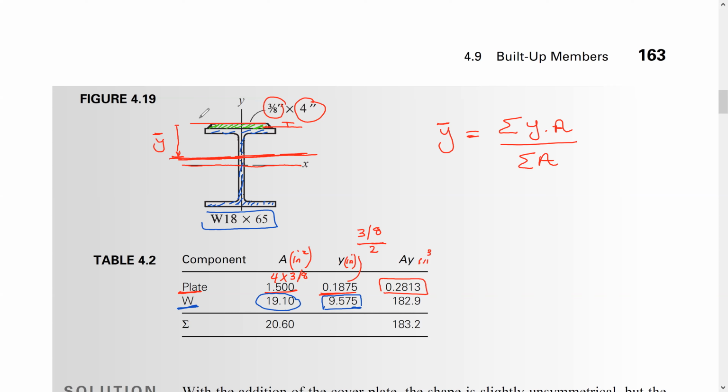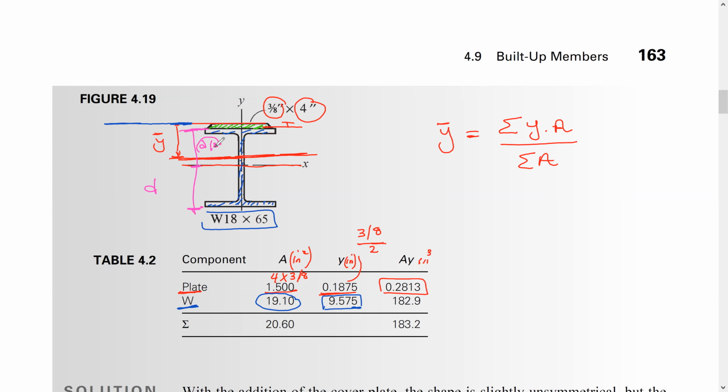This one is from here, from the datum, okay, the reference point. So this distance from here to here is d, okay. So to this point, it's going to be d over 2, okay.